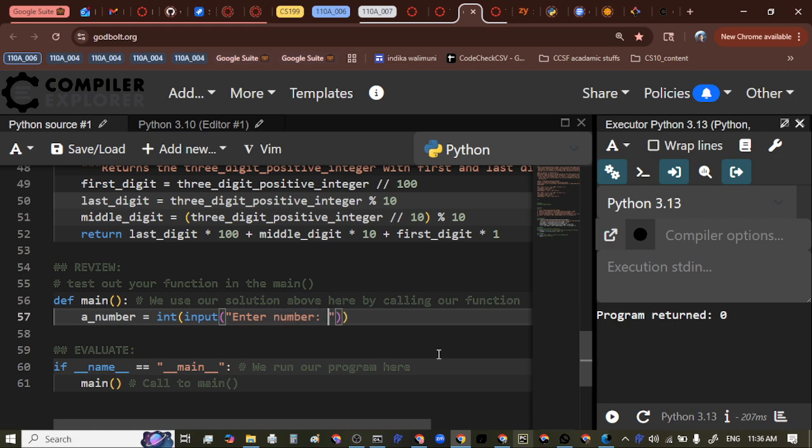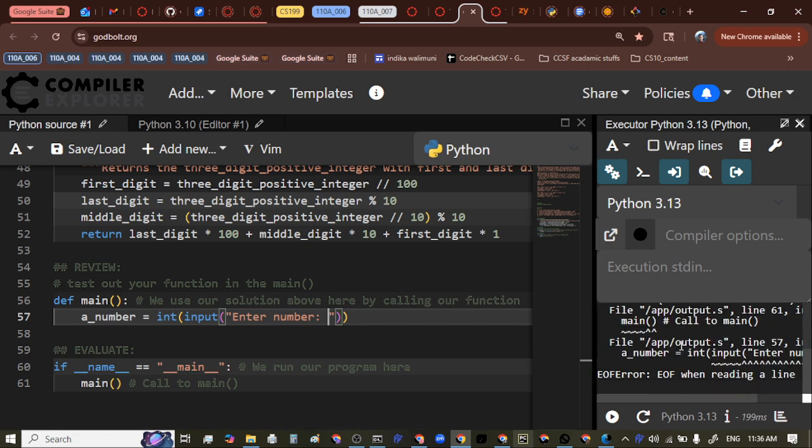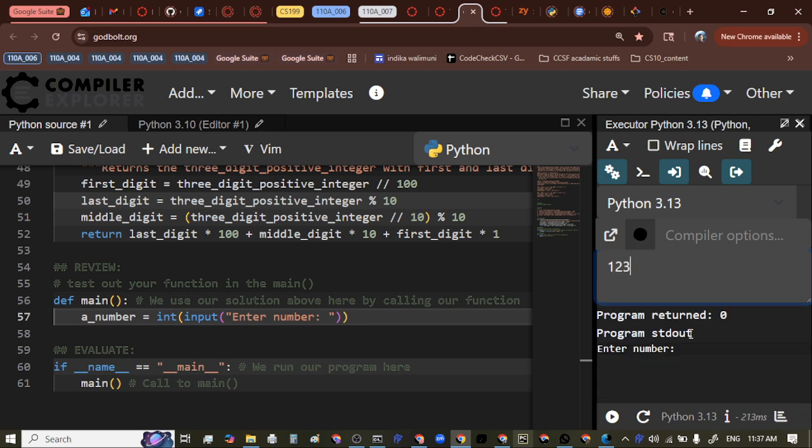Now you get this EOF error, because it's expecting an input, but I am not giving anything here. So if we add that, the error should go away. See that? We are actually inputting now.